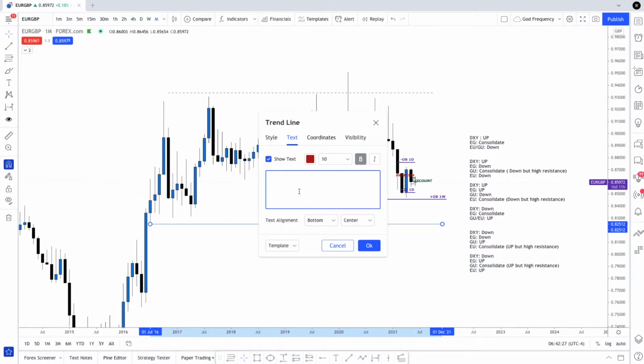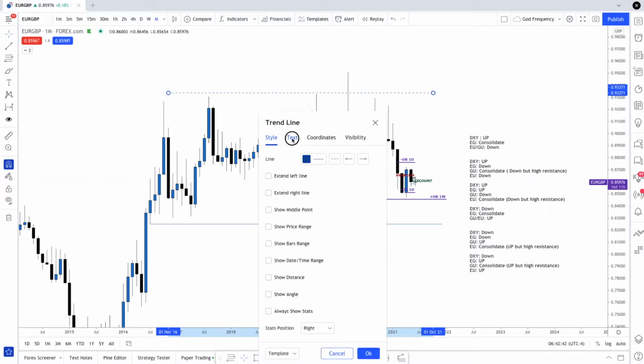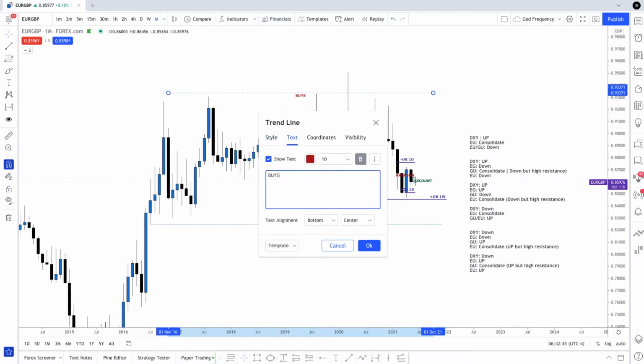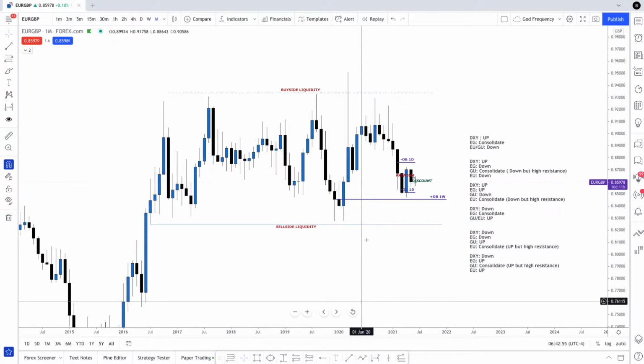So we have sell side liquidity there, and then we have buy side liquidity and we have sell side liquidity.